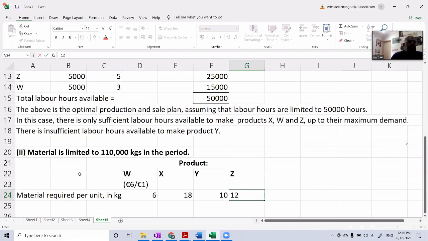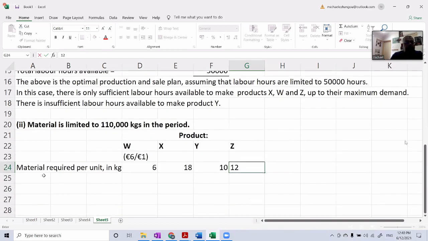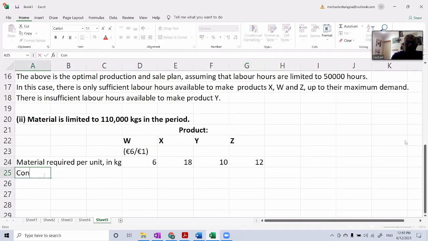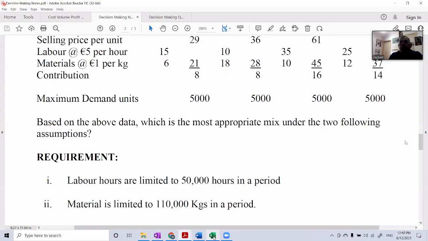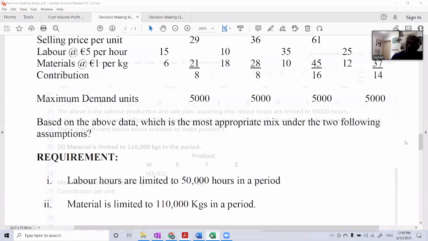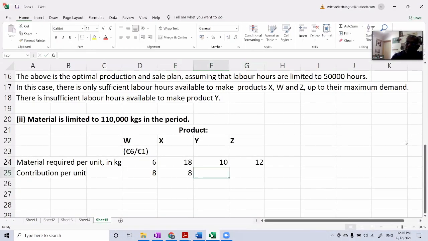Now, next we have contribution per unit, which was 8, 8, 16, and 14.